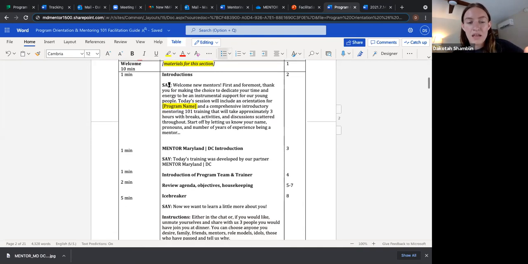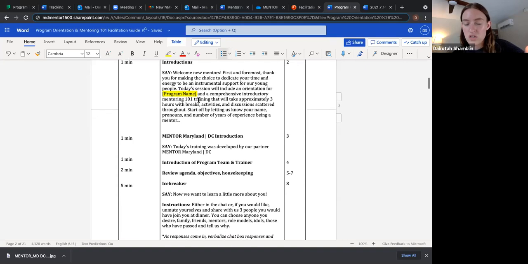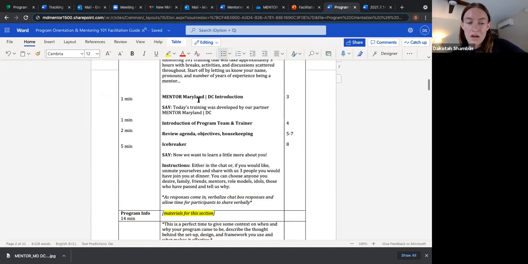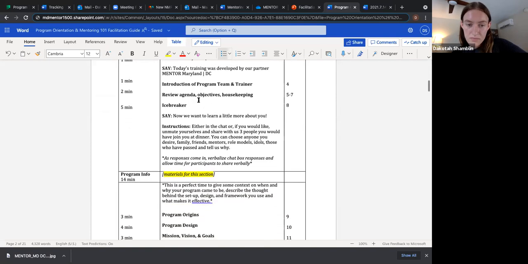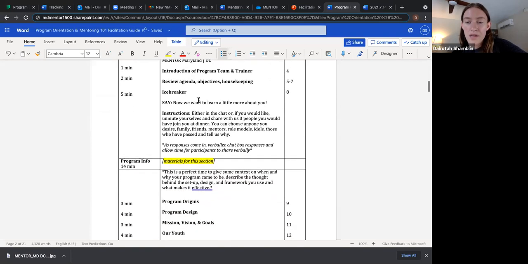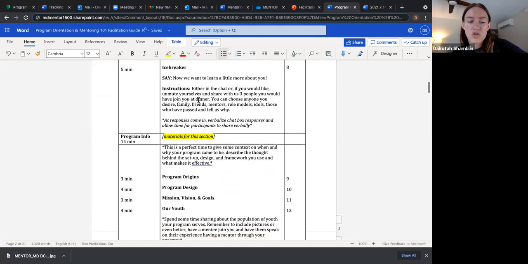I like to set it up like this. This is just general, this is what you're supposed to say, welcoming the mentors. This doesn't have to be word for word, but especially if you're just starting off with trainings and haven't done too many before, it's super helpful in guiding how to go from here. The bold is just for the topics of the slides, and then you have some instructions.